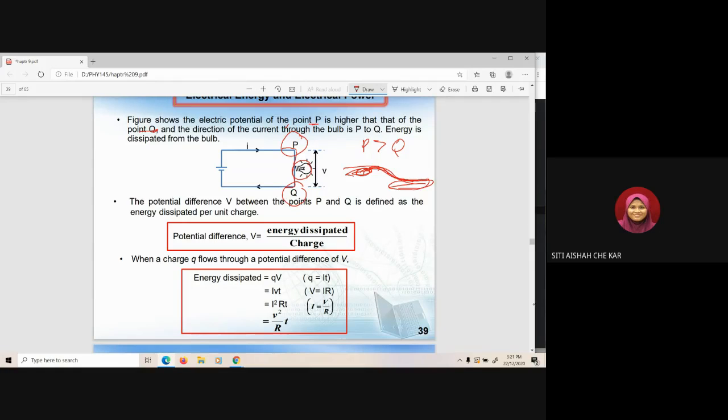Okay, so the potential difference V, earlier we found V equals IR. We can also use another formula, which is energy dissipated over charge.